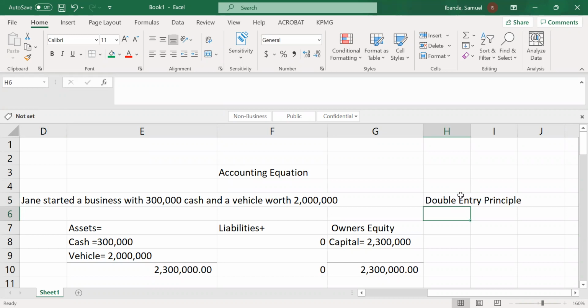Basically, every transaction has a dual effect onto the accounts of the business in terms of value.